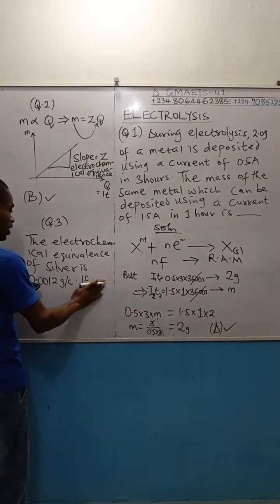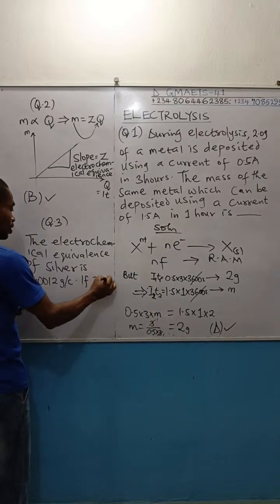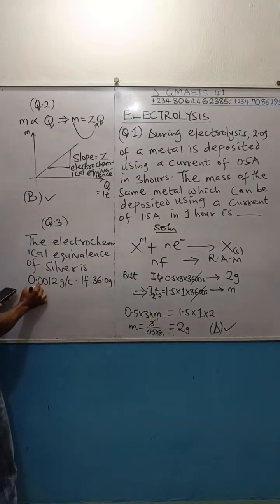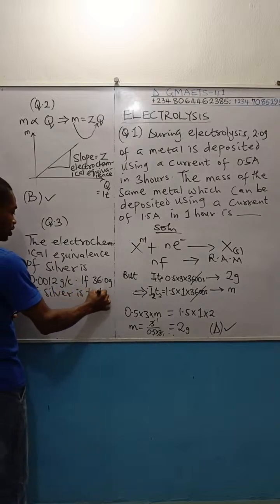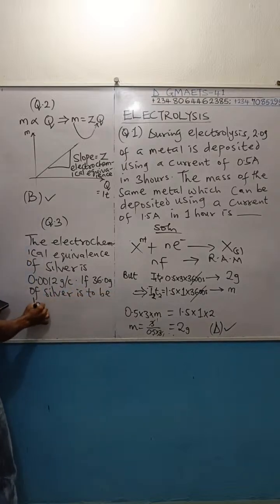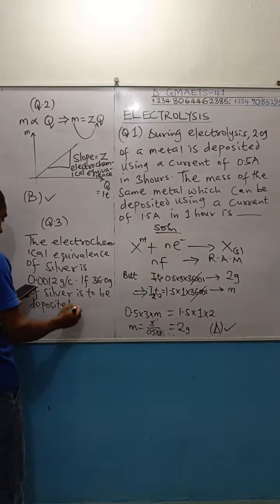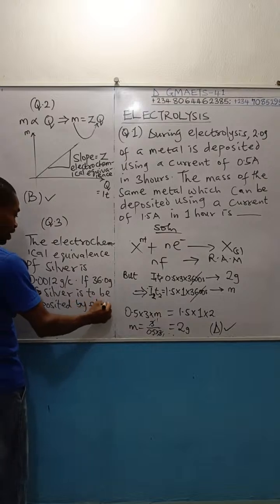If 36.0 gram of silver is to be deposited by electrolysis.